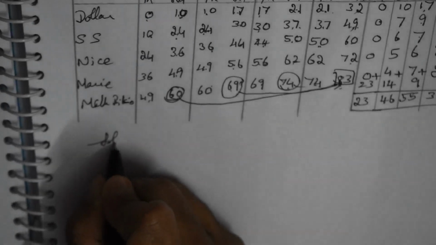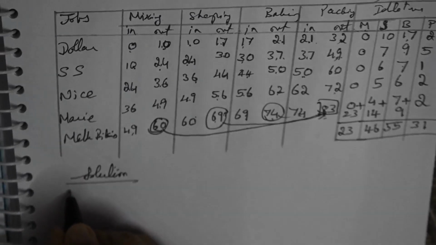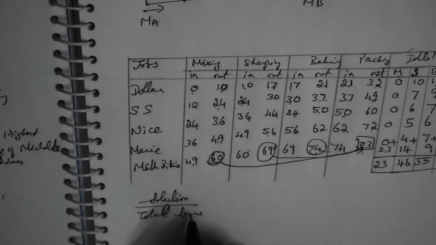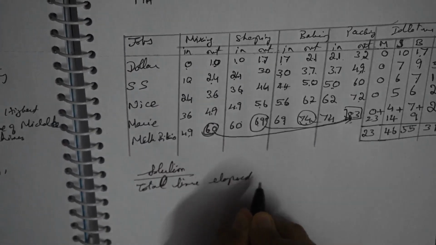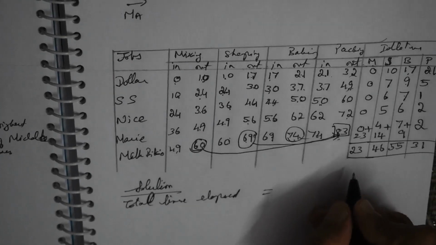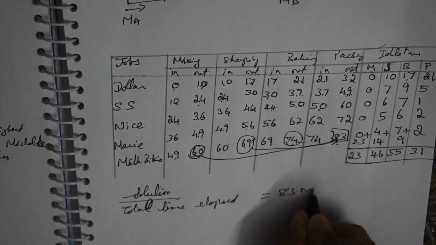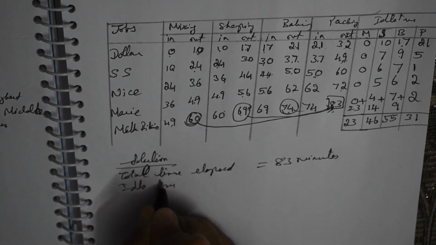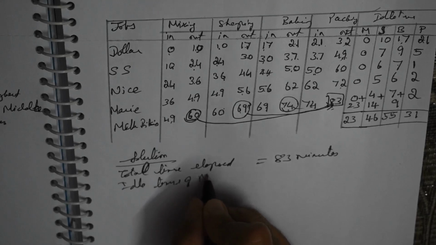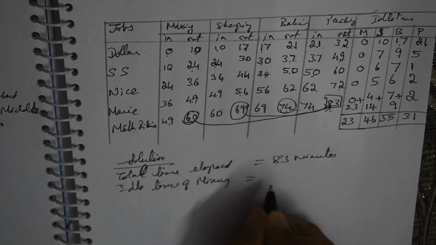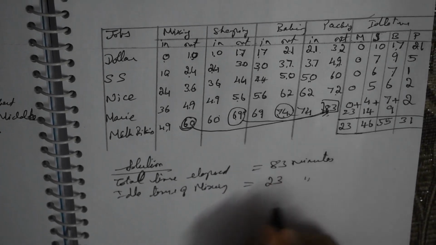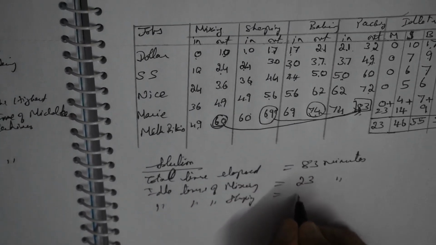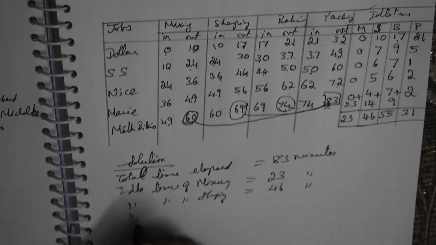So your solution is now ready. Total time elapsed or time taken is equal to 83 minutes. Idle time of mixing is equal to 23 minutes. Idle time of shaping is equal to 46 minutes.